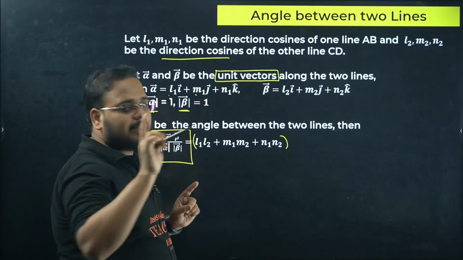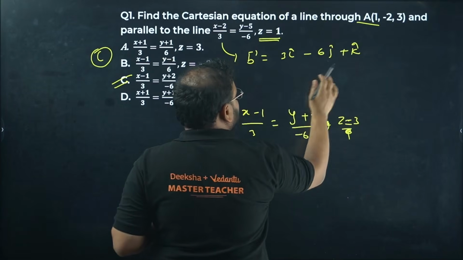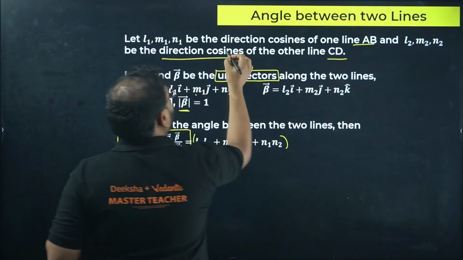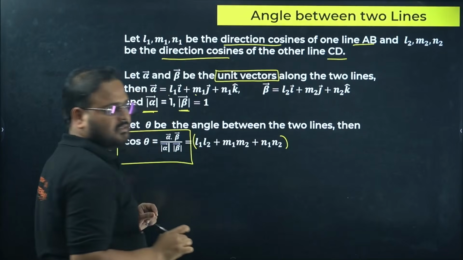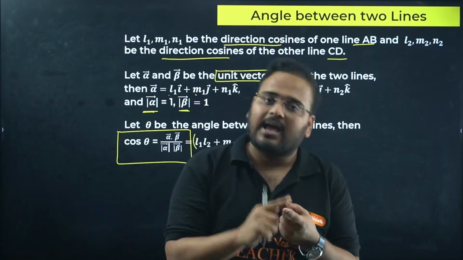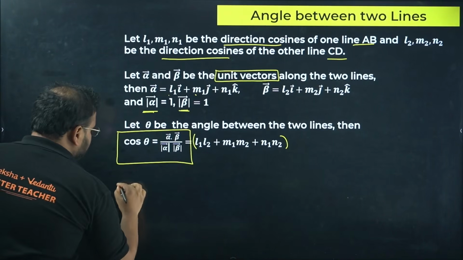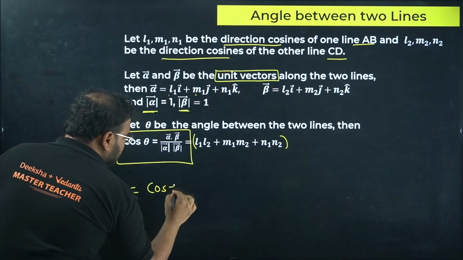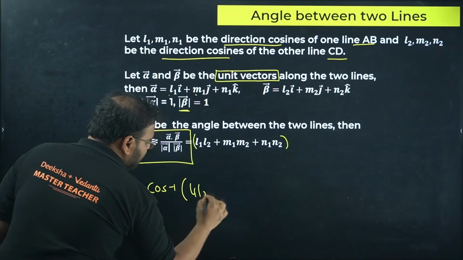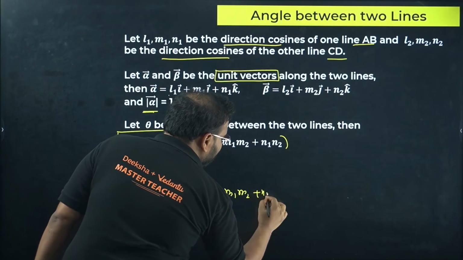For two lines AB and CD, what is given? They have given us direction cosines. So if direction cosines are given, the angle between them will be given by L1 L2 + M1 M2 + N1 N2. So basically your theta becomes cos inverse of L1 L2 + M1 M2 + N1 N2.